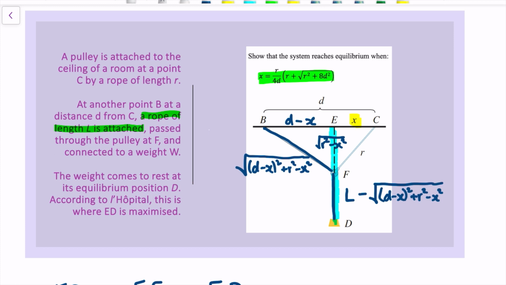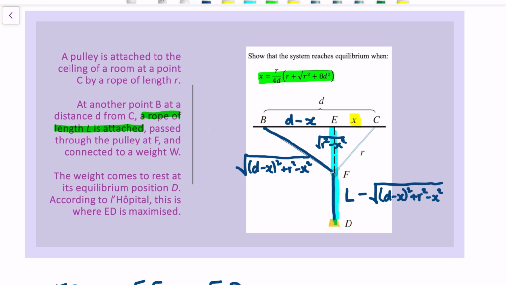If we make x equal to r, and just think about the ramifications of that. No, we can't make x equal r, because x is the adjacent side of that triangle, r is the hypotenuse. What about making x equal to d? So moving the point E right to the left hand side, so that BE is 0 and EC is d.